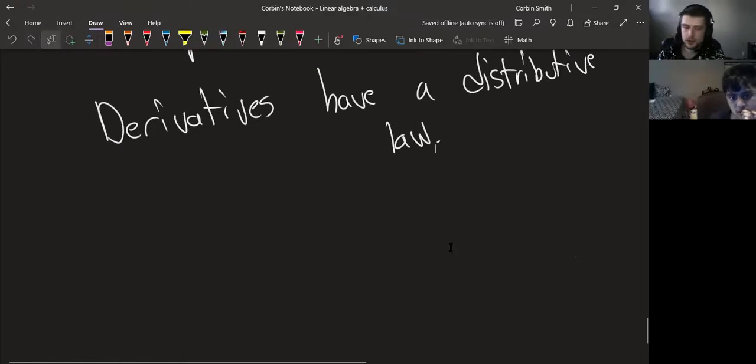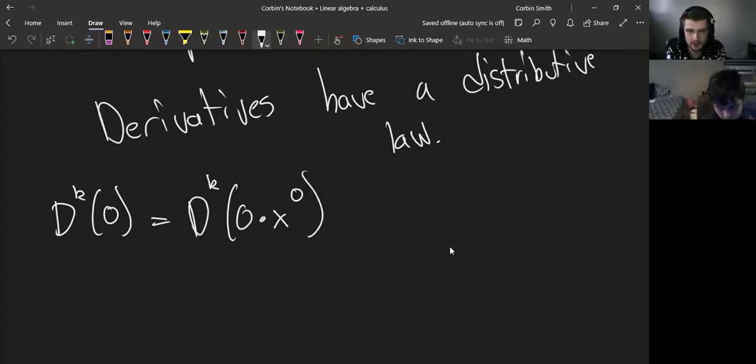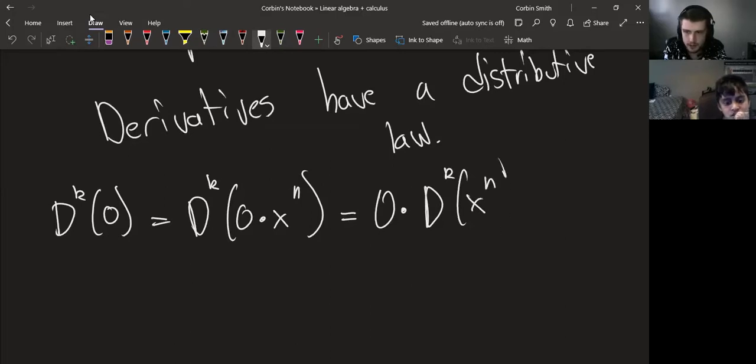So derivatives have a distributive law, and what we can see is that if I take the derivative of 0, that's the same thing as the kth derivative of 0 times x to the 0, right? Or I could just write x to the n. It doesn't matter. This is equal to 0 times the kth derivative of x to the n, but that doesn't matter. That's just equal to 0, right? So 0 times anything is 0.